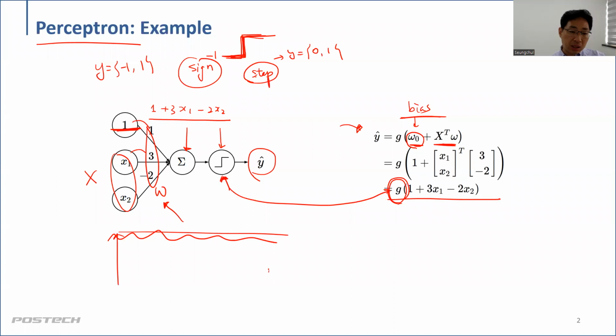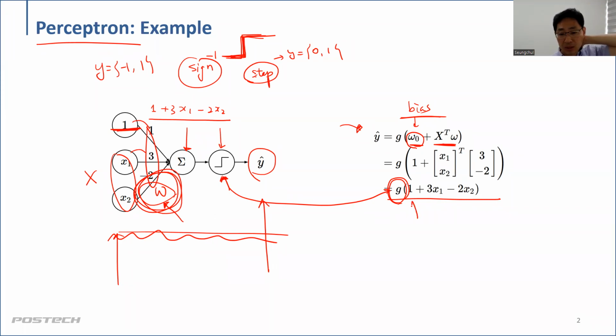The X and the true labels for the training data set are given. Out of that given data set, the solution that we want to find is the omegas. Okay.